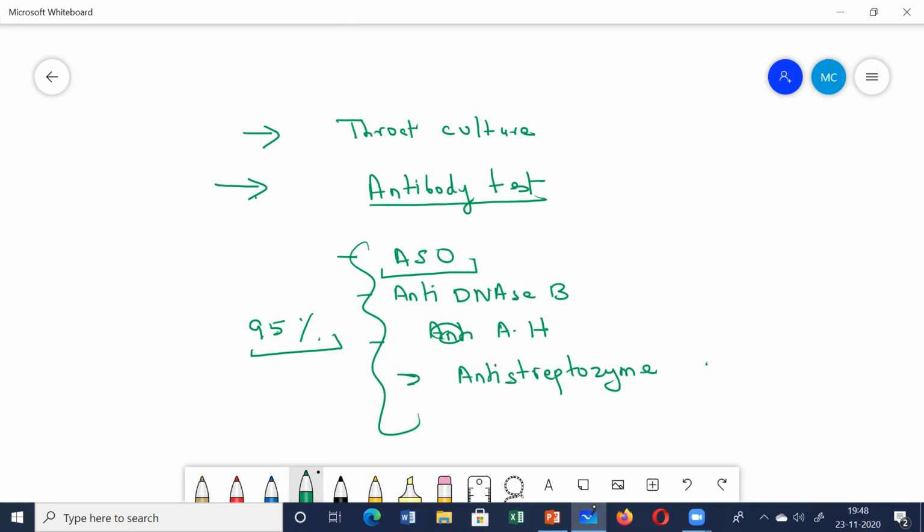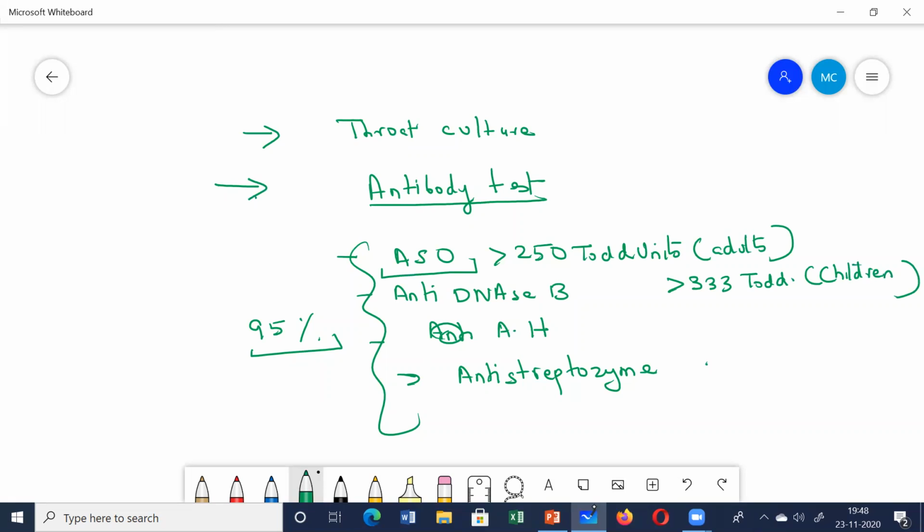It is told that when the single titer of anti-streptolysin O is more than 250 Todd units in adults, and more than 333 Todd units in children older than 5 years, then it is taken to be positive.